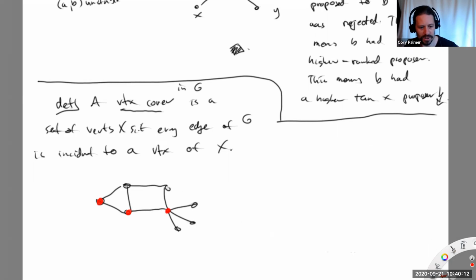If you look at this picture and you examine every single edge, each edge sees one or possibly two red vertices. This edge, these three clearly do. This edge does. Oh, actually this edge doesn't. Oh, I made a mistake. Okay, that's fine. This is not a vertex cover. Something that's not a vertex cover is just as illustrative as one that is, because of this edge here. That one's not hit.